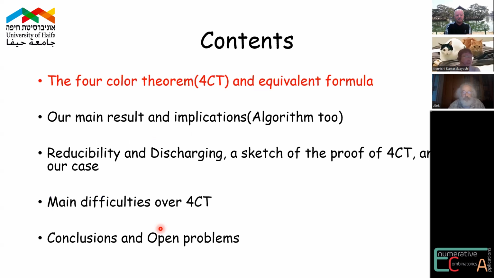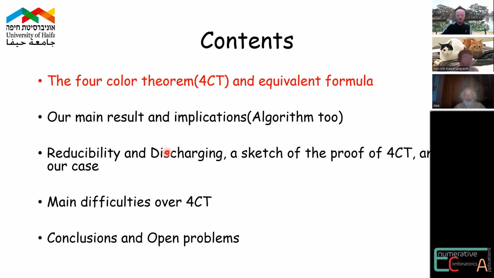To begin with, let me give you the contents of my talk. The first thing I'd like to talk about is the four color theorem and the equivalent formulation. Then I will talk about our main result and implementation. Then in the third step, I'm giving you a sketch of the proof of the four color theorem and also our result.